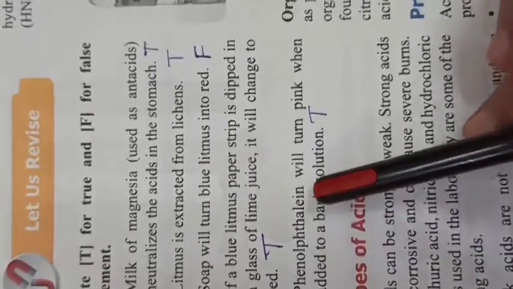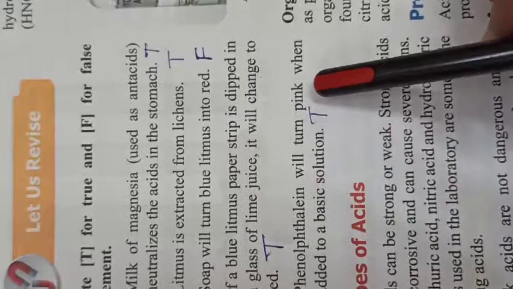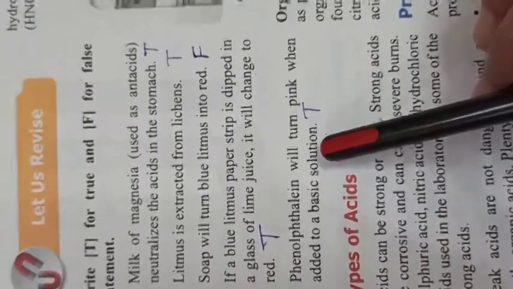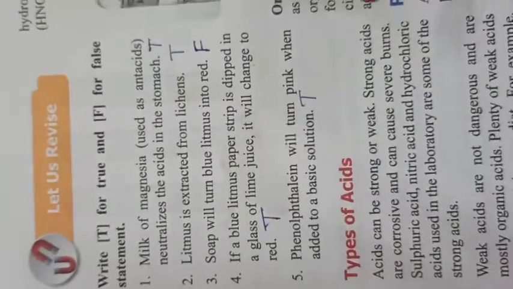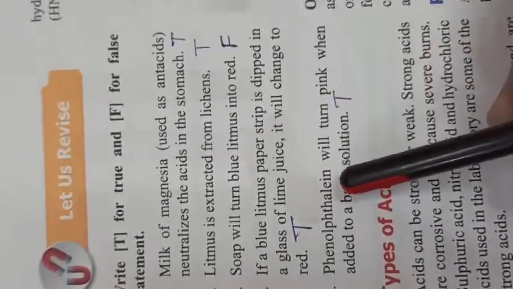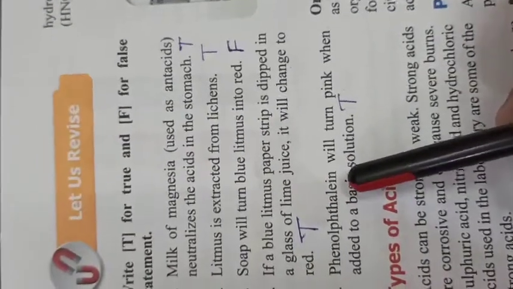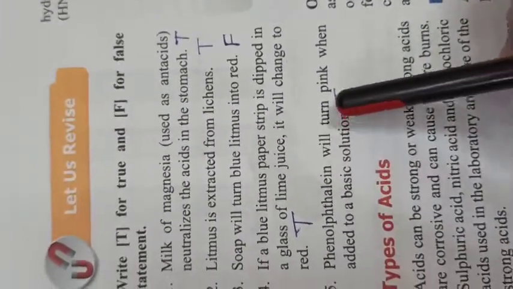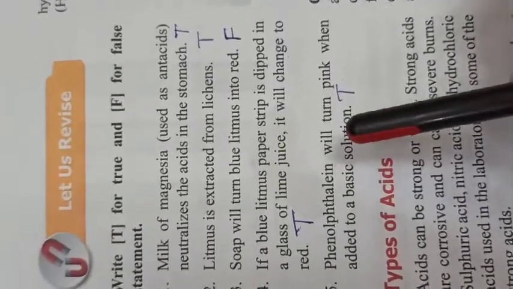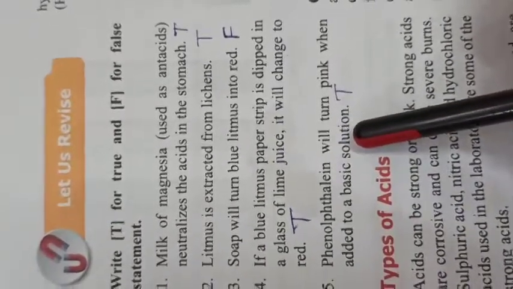Phenolphthalein will turn pink when added to a basic solution. Yes, this is also true. Last time I explained that phenolphthalein is a synthetic indicator which shows a pink color when we add it to a basic solution.